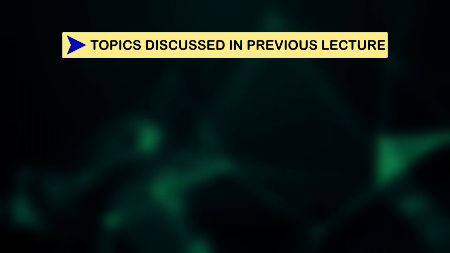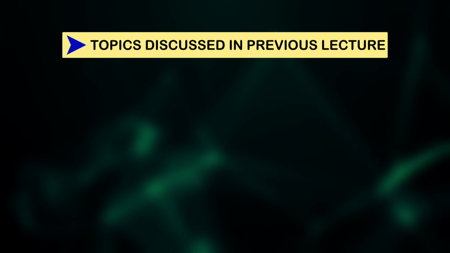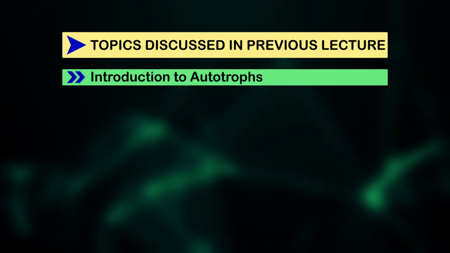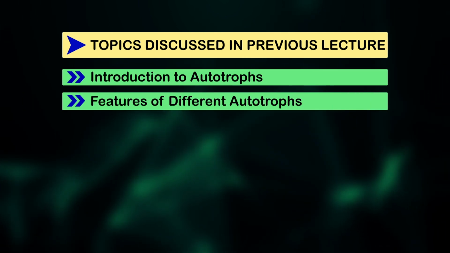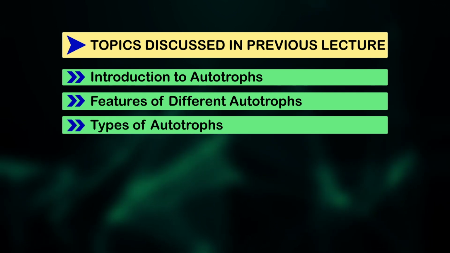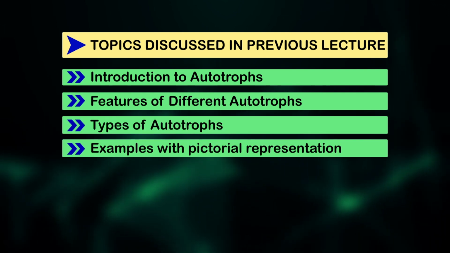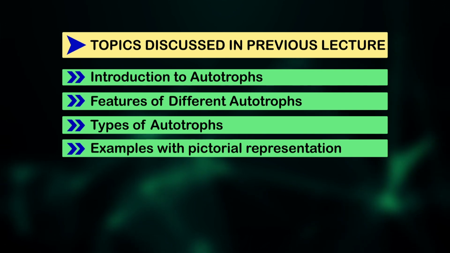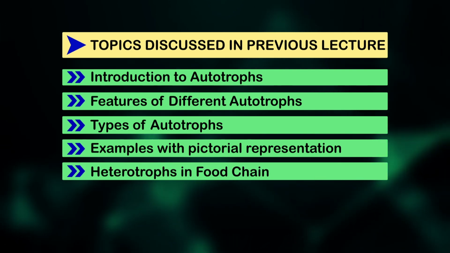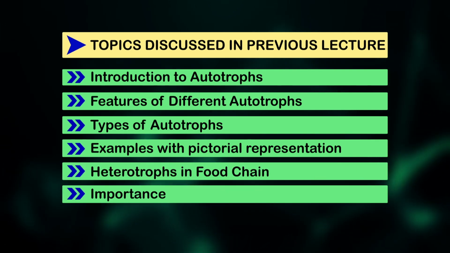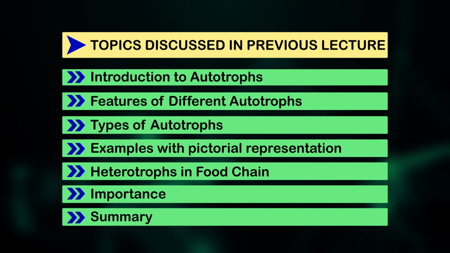As you have seen, the topics discussed in the previous lecture were introduction to autotrophs, features of different autotrophs, types of autotrophs, examples with some pictorial representations, autotrophs in the food chain, their importance, and finally the summary.